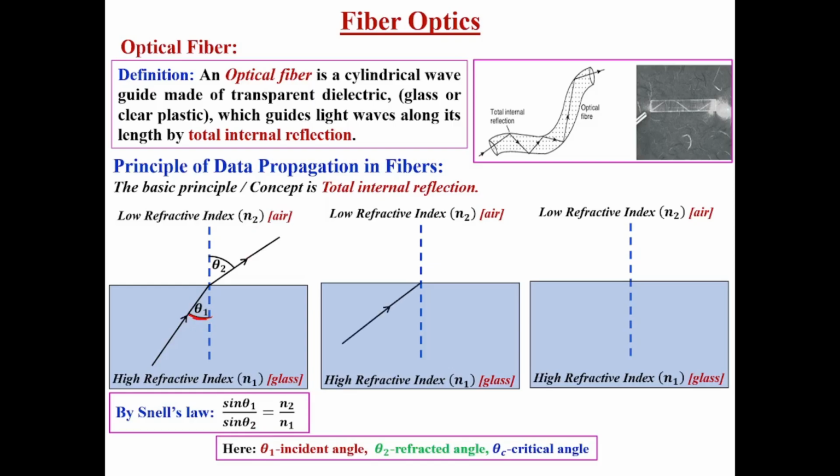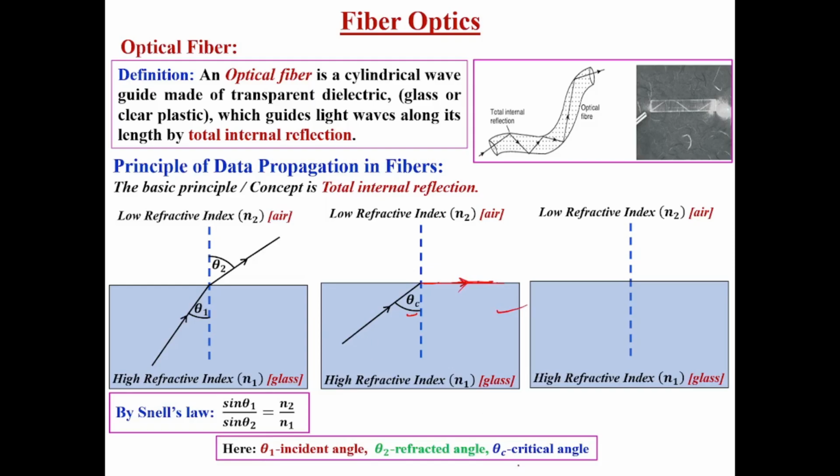If I increase it, then the bending of the refracted light away from the normal will be more. At a particular angle theta c, the refracted light moves along the surface of this medium, at the interface of the two mediums.